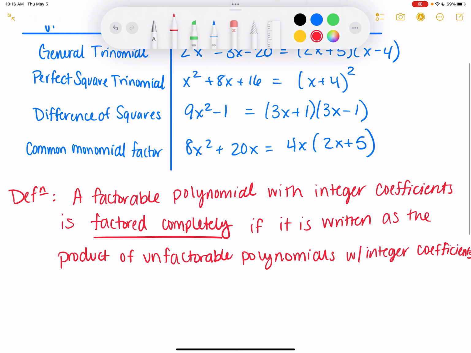So something like 2 times x plus 1 times x minus 4 is factored completely.